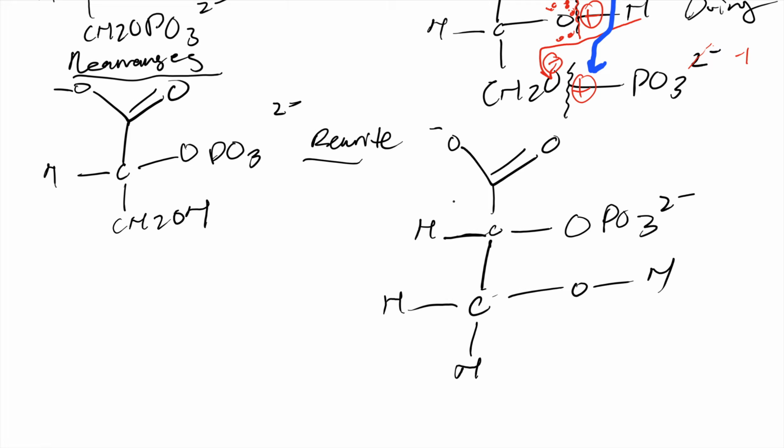So the enzyme comes and cuts it right here, and it's going to also cut it right here. Now this carbon becomes positively charged, and this hydrogen is now negative. So we get a hydride again.